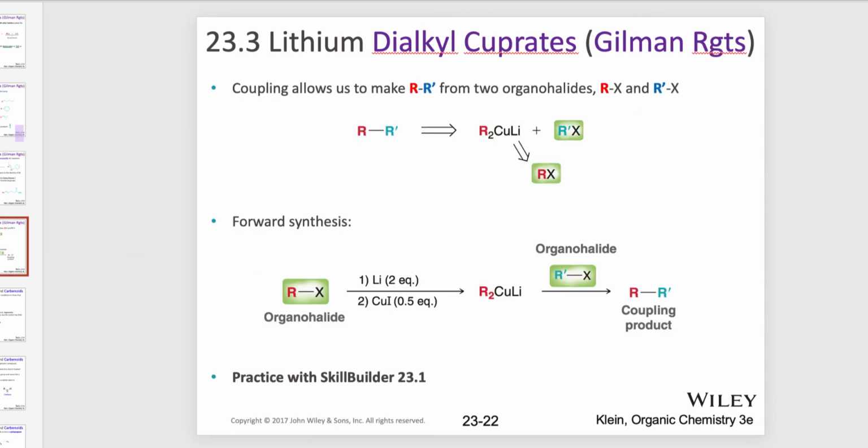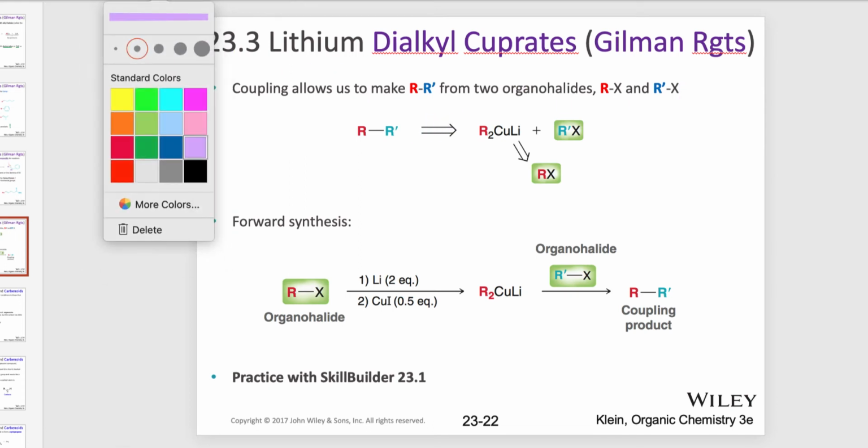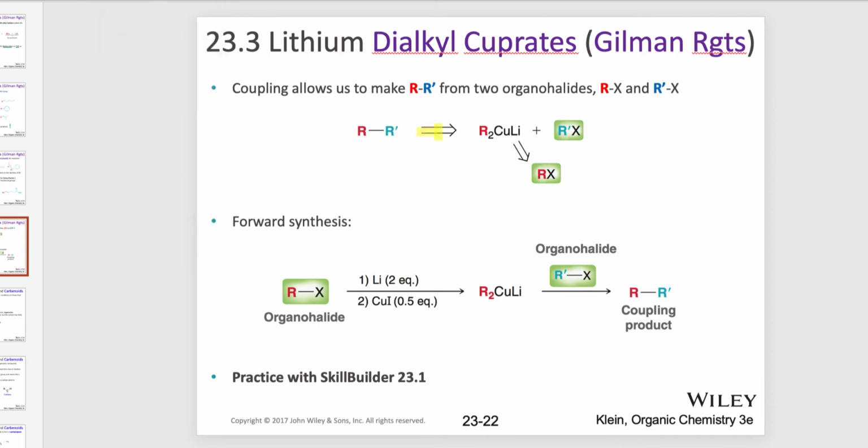So coupling allows us to make new carbon-carbon bonds, R-R prime bonds, from two organohalides. Remember that these arrows here are retrosynthetic arrows, so we're going back as we're trying to design the synthesis. We can generate both the halide as well as the organocuprate reagent. We can generate the organocuprate reagent also from a halide.